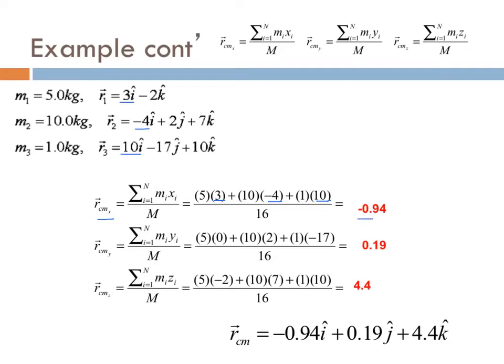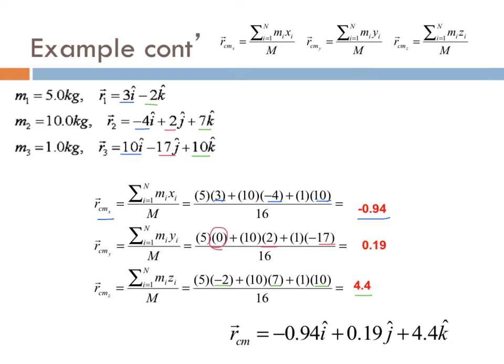So this -0.94 is our position of our center of mass in the x direction. In the y direction, we use only the j values. Again, for the first one, we had that 0. And then for the z direction, you have -2, 7, and 10. So to calculate the center of mass, we only use those numbers.